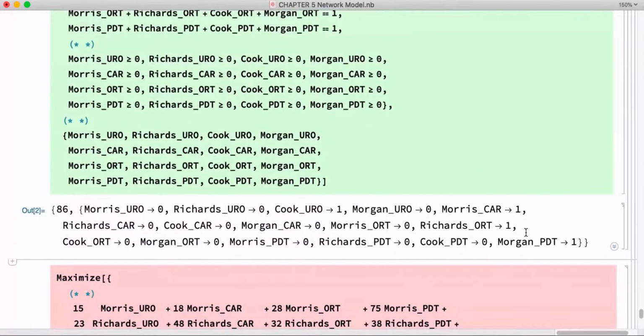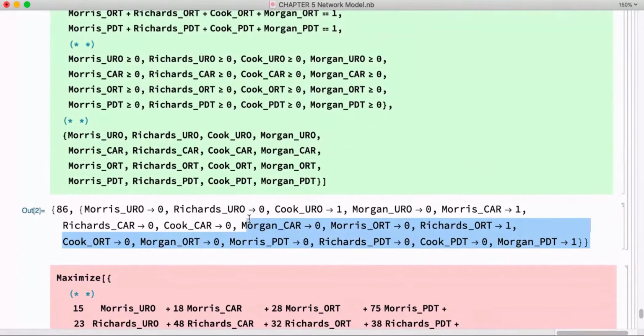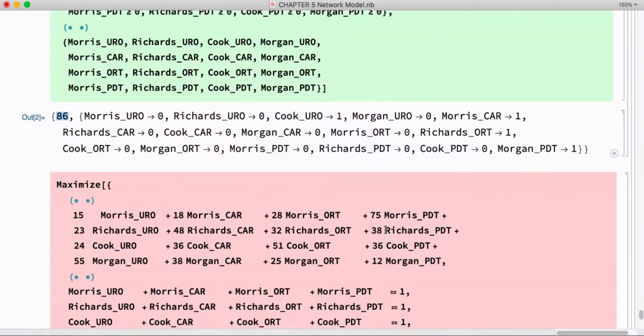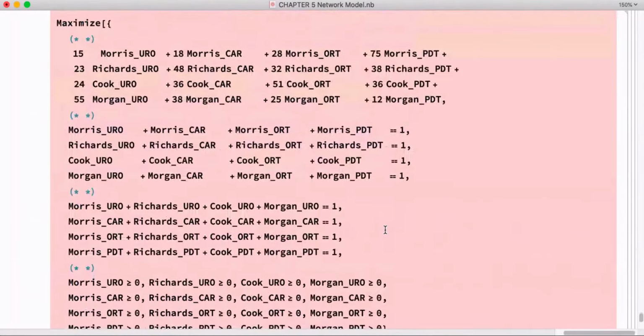This is the solution of the problem. It says that different nurses are allocated to different places. And the overall satisfaction is 86. If I want to take that case, I'm going to compare it with the other problem, the maximum problem.